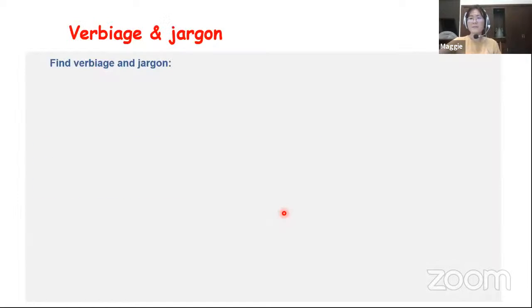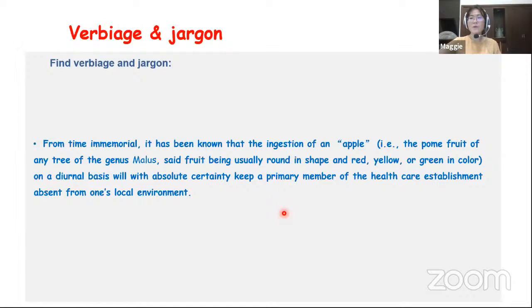Next, try to find the verbiage and jargon in this sentence: an apple a day keeps the doctor away. But if you don't know that old saying, just use common sense to remove the verbiage. So "it has been known that" is empty filler, just delete.